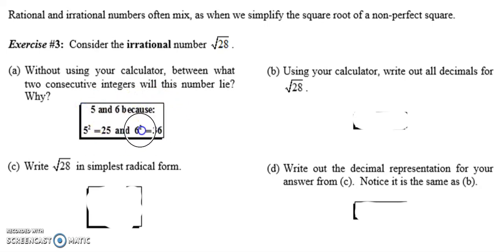Because if you think about it, the square root of 25 is 5, and the square root of 36 is 6, and 28 is somewhere between 25 and 36. So we know this number is going to be 5 point something, because it can't be 5, because the square root of 25 is 5. This can't be 6, the square root of 36 is 6, so it's in between those somehow. Now go ahead and use your calculator, plug it in and see what you get.